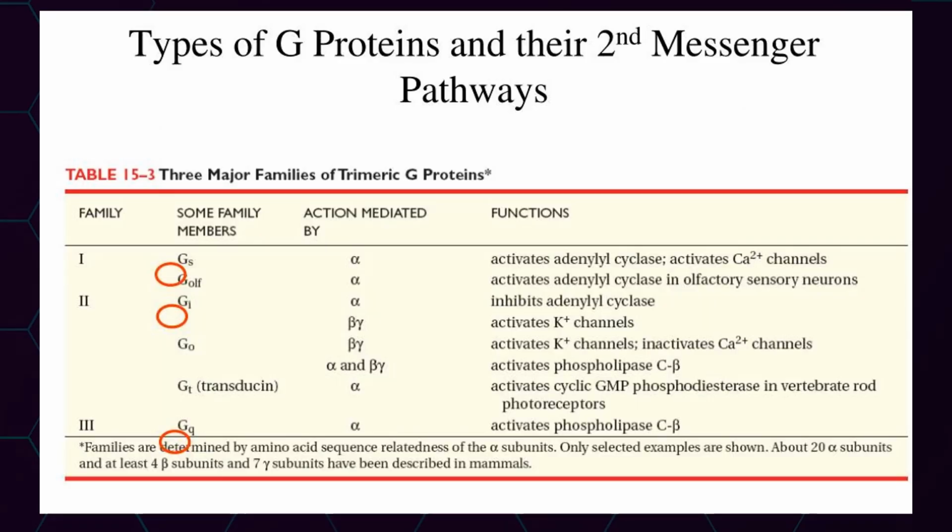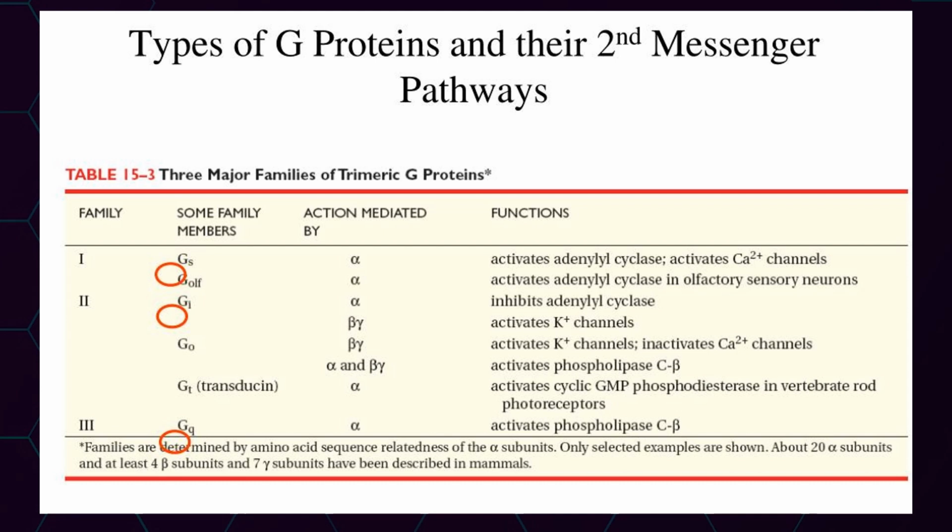So here I have given you a list of G proteins and their secondary messenger pathways. The first one is Gs, that has alpha as an action subunit, and its function is to activate adenyl cyclase and activate calcium channel. Then we have Golf, for the olfactory G proteins. Here also you have alpha subunit as an activation subunit, and it activates adenyl cyclase in olfactory sensory neurons.